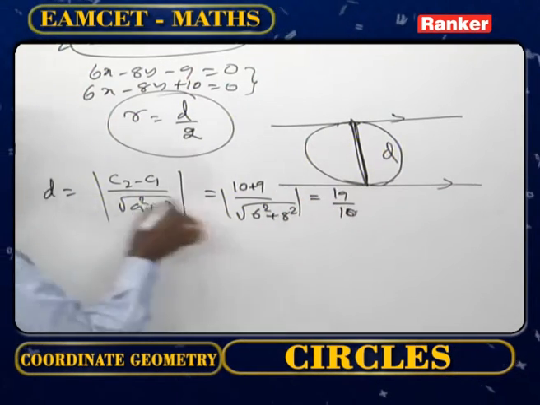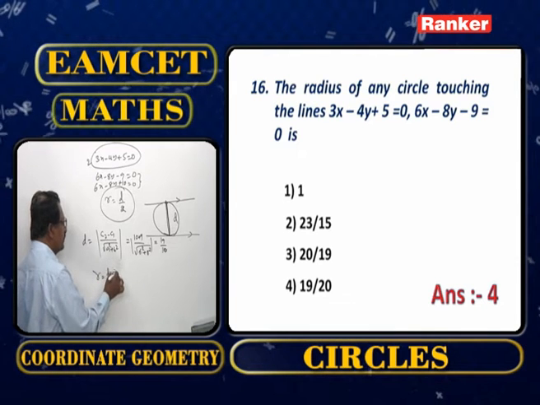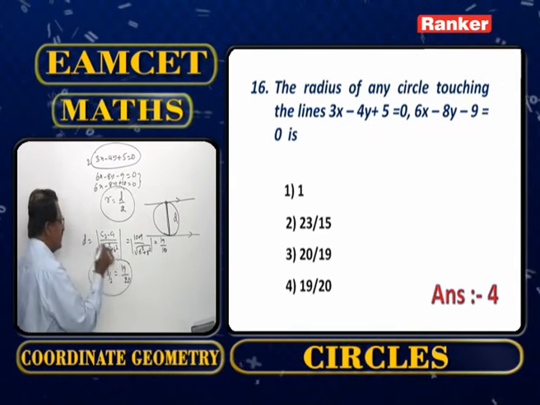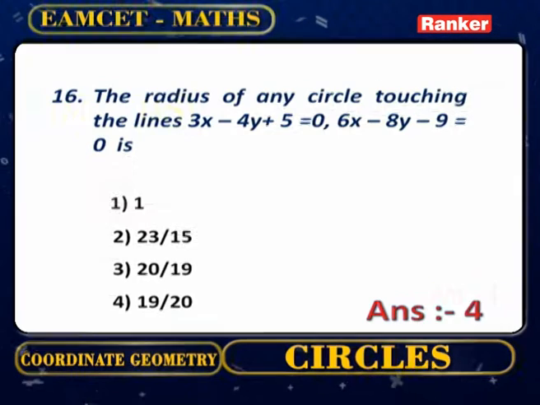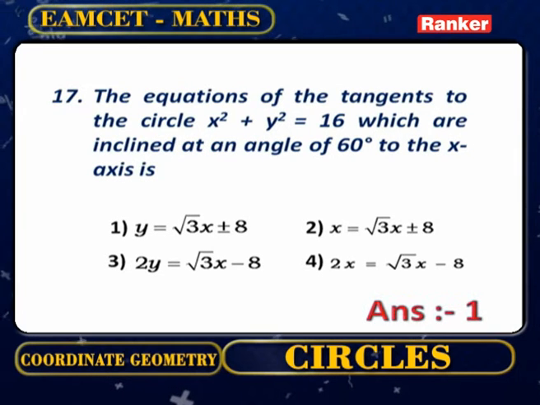The diameter of the circle equals 19 by 10, then the radius of the circle equals d by 2, that equals 19 by 20. The radius of the circle equals 19 by 20, fourth option.